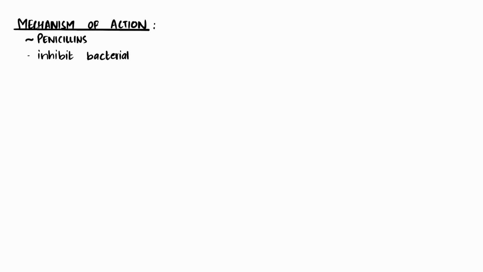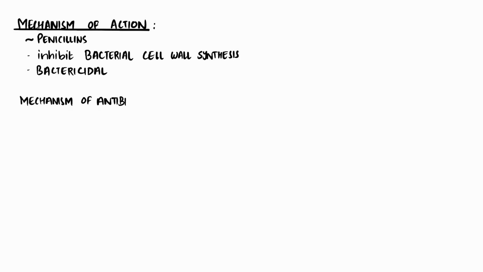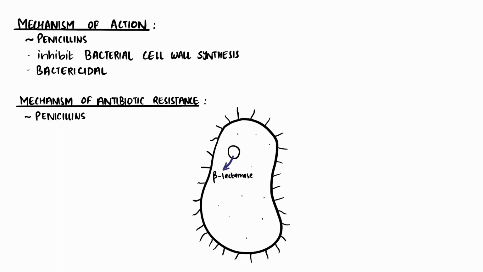Now, coming to the mechanism of action, it is similar to penicillins, that is, it inhibits bacterial cell wall synthesis, and hence they are bactericidal. Now, moving on to the mechanism of antibiotic resistance, it is similar to penicillins. There are mainly three ways by which bacteria develop resistance against cephalosporins. The first one is that bacteria produce enzymes called beta-lactamases.